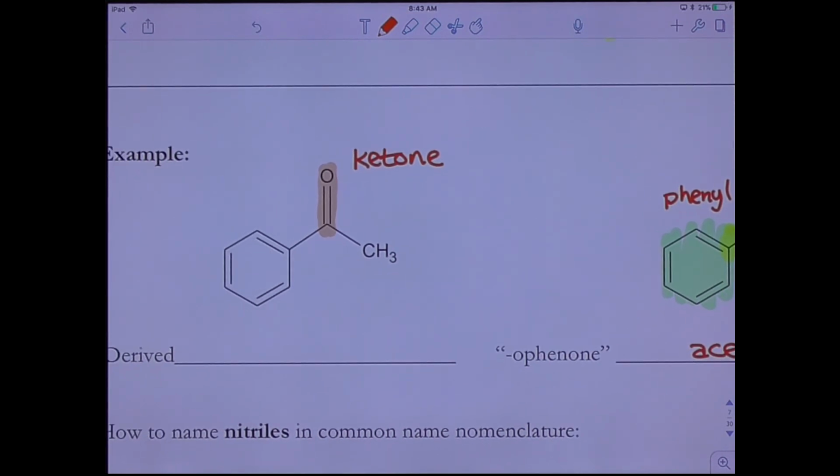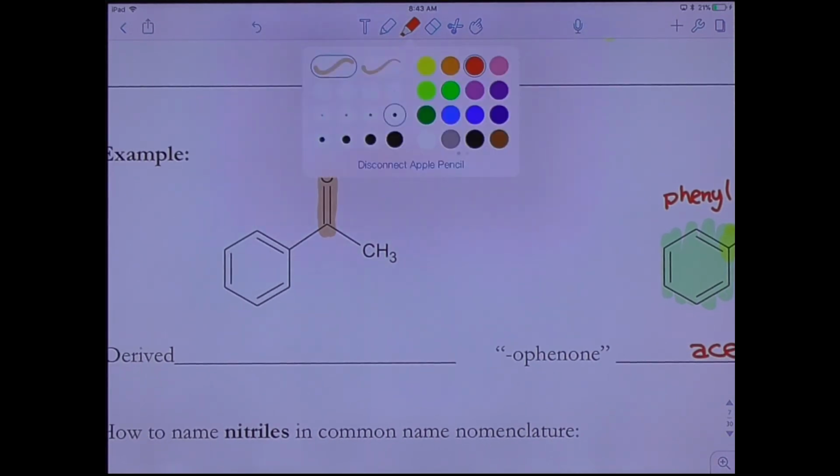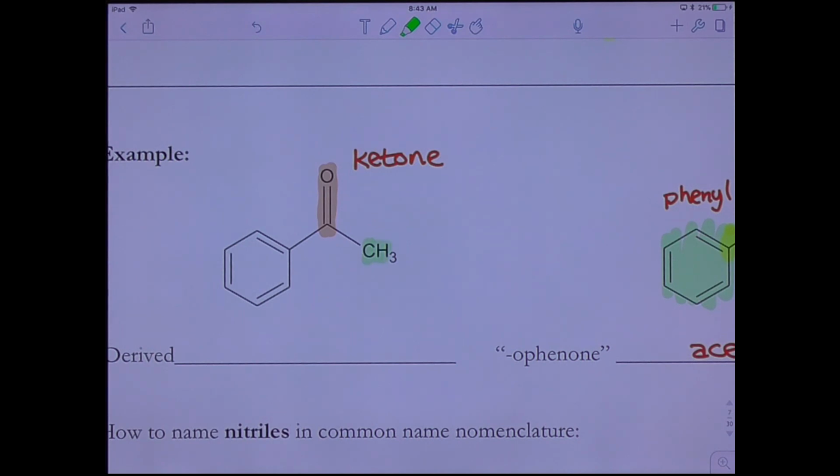So I should do that a different color. I've got to process things still, I guess. And then you say what's attached to it. You have a methyl group here, and you have a phenyl group here, and you put them in alphabetical order.